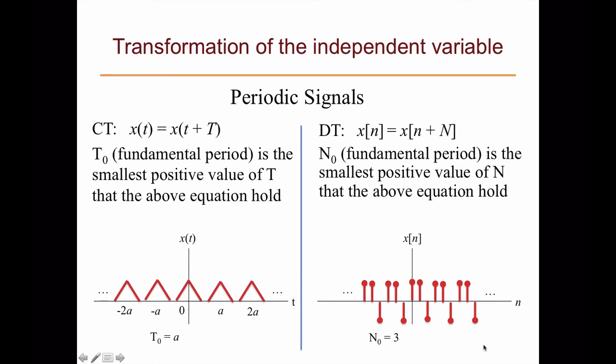So for this graph below, the fundamental period equals 3 because this xn repeats with a period of 3. But you can imagine that you can shift this signal by 6 and it still equals the original signal. But since 3 is less than 6, and it also makes the above equation valid, 3 is the fundamental period.